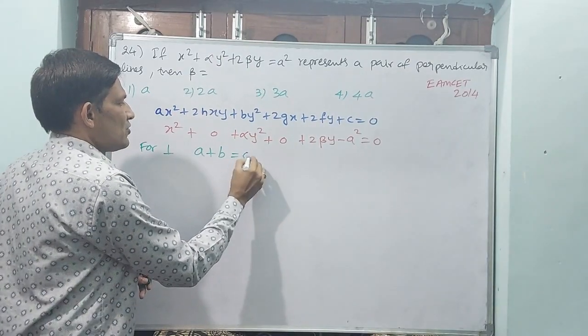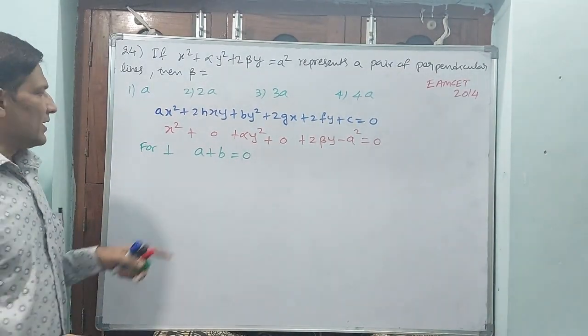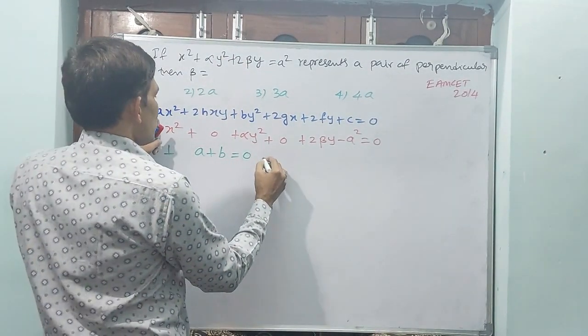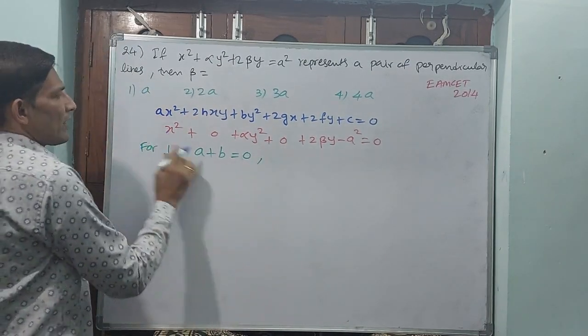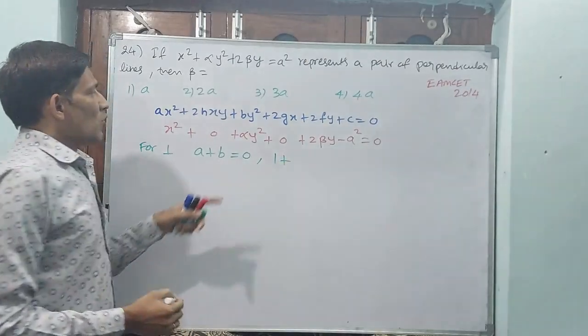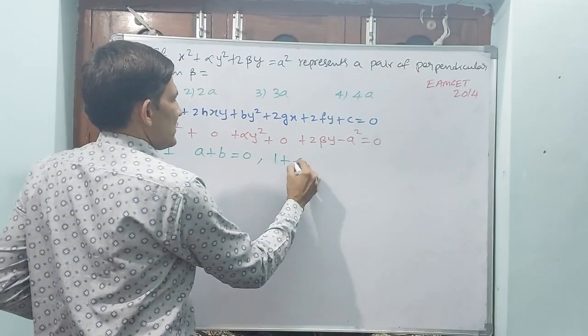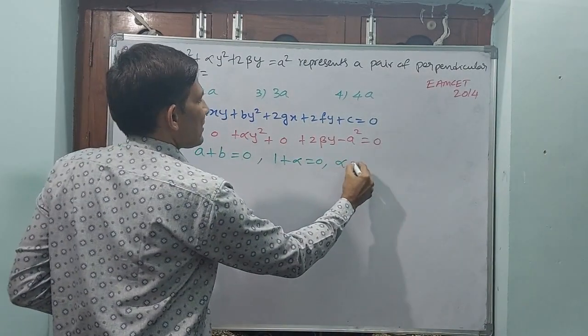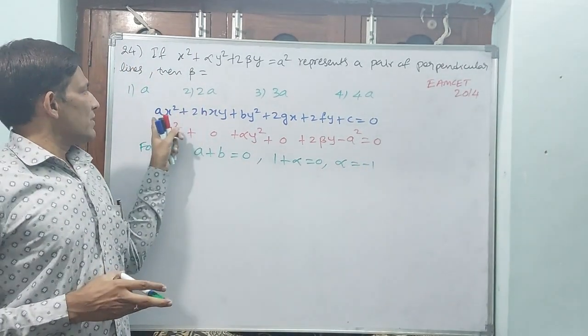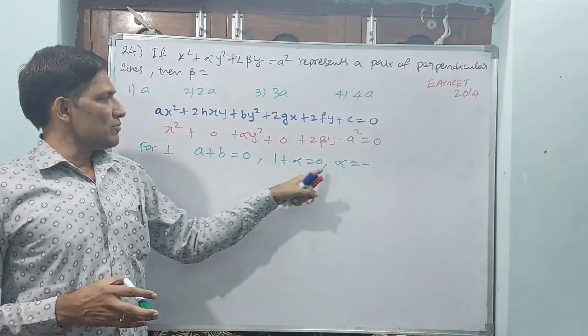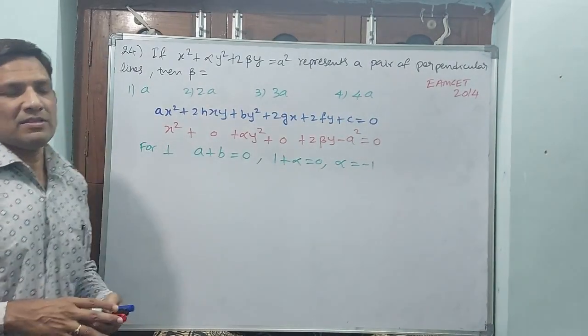The coefficient of x square is 1, plus the coefficient of y square is alpha, equal to 0. So 1 plus alpha is equal to 0, and alpha is minus 1.